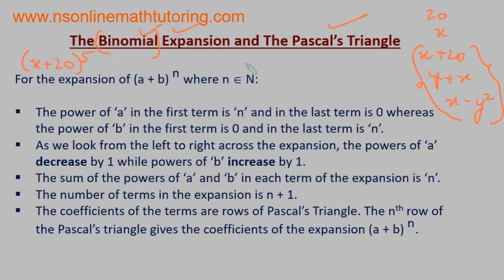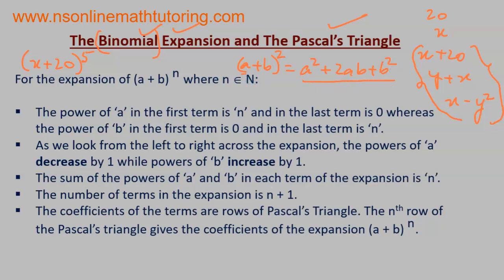We know a plus b raised to the power of 2 is also a binomial. When a plus b is raised to the power of 2, we know the identity: a square plus 2ab plus b square. So this is the binomial expansion.